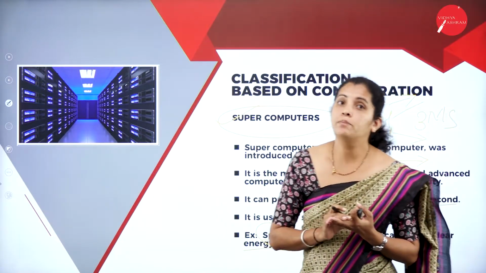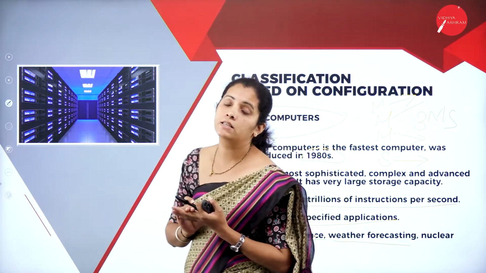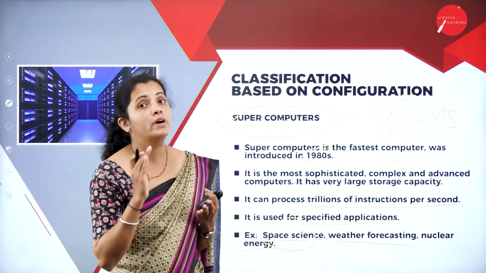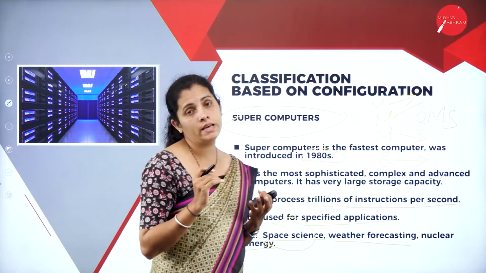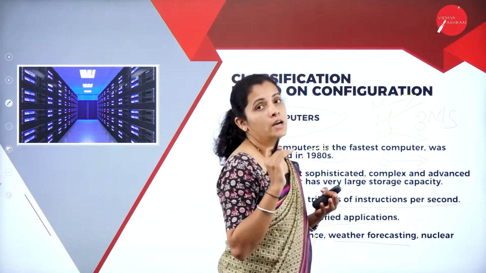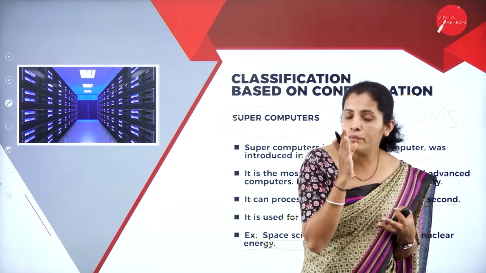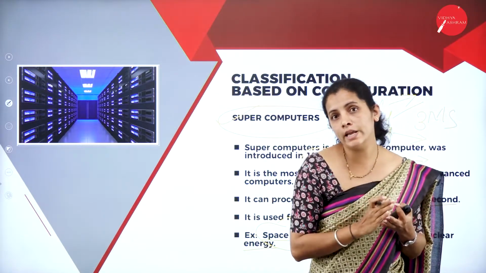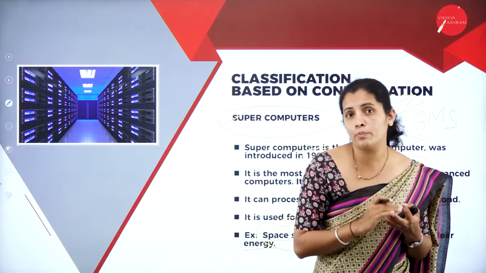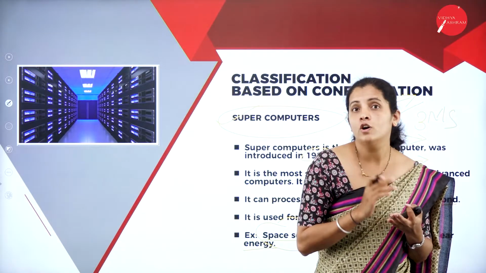Dear student, in today's session, I have discussed the evolution of computer systems along with the classification of computer systems. From the examination point of view, both topics are very important and each topic carries 5 marks.